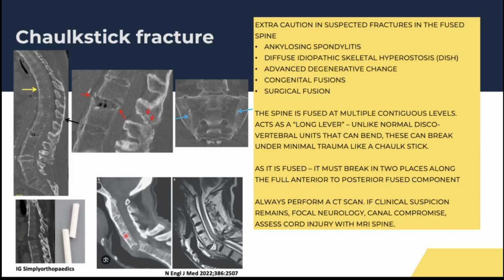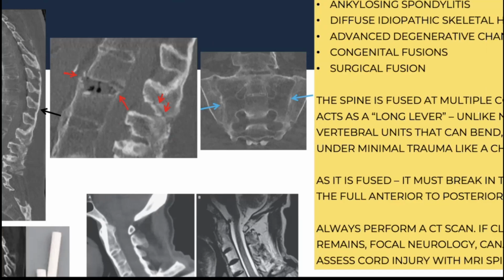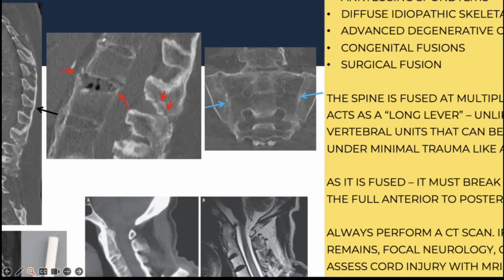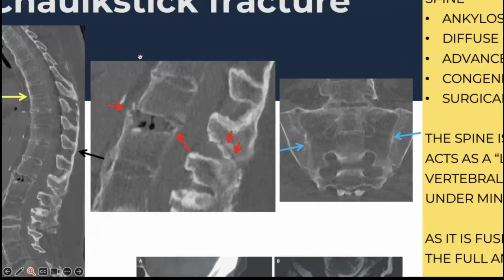So our patient here, this is the same patient, we went on to do a CT scan, and actually you can see in the top middle image, the red arrows show you that fracture that we saw through the vertebral body, through the disc level. And then at the back here in the posterior elements, in the interspinous level, you can see a further lucent line, which is those two red arrows pointing down, and that shows the fracture is extending from anterior all the way to the back of the spine.